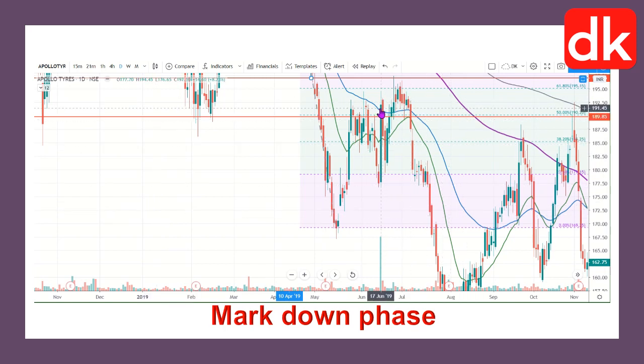We could put the sell stop order at the low of the engulfing candle here, and this is triggered. Our stop loss in this case would be the previous swing high, a little above the upper shadow of the candle, and you see the kind of fall that has taken place. The target for short selling could have been achieved very fast in this example.